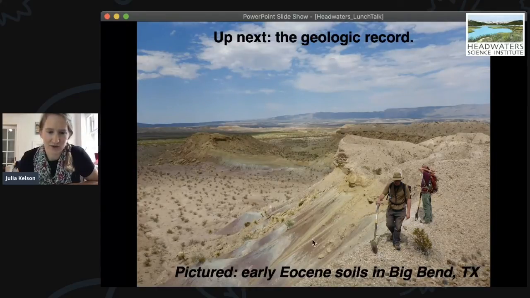And here I'm showing you a picture of early Eocene soils in Big Bend, Texas. Each of these colored bands, the white and the blue and the purple and this yellow, are different ancient soil horizons. And so you can collect soil carbonates up this section and hopefully produce a record of how aridity has changed through geologic time.